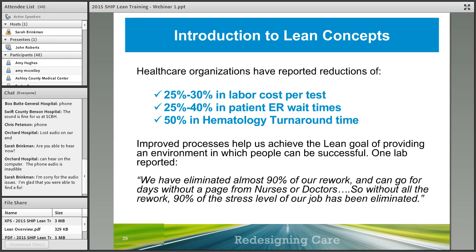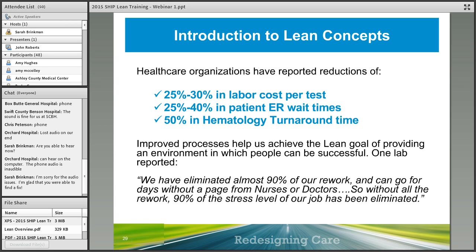We know, and I know through working with the hospitals here in Nebraska, that lean does work, and it can work in a small hospital very well. It's not unusual when we go through a process of lean project to get these kind of results. 25 to 30% labor cost reductions per test, 25 to 40% reductions in wait times, in turnaround times.